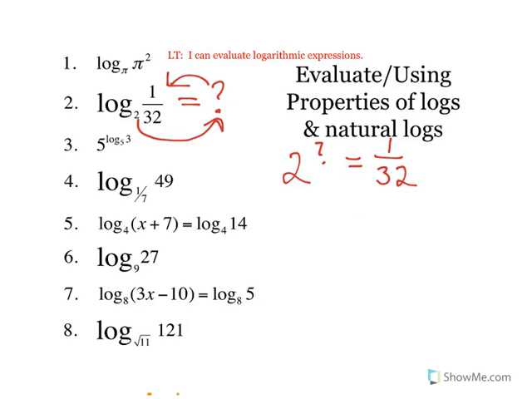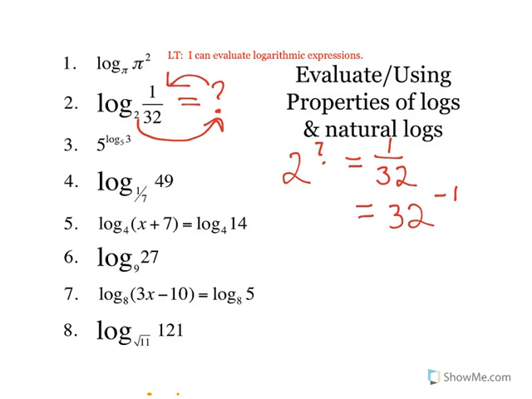For us to be able to say 2 to what power equals blank, we're going to want to rewrite 1 over 32 out of being a fraction. We might want to rewrite that as 32 to some power, or 32 to the negative 1 power. Those are the same thing.